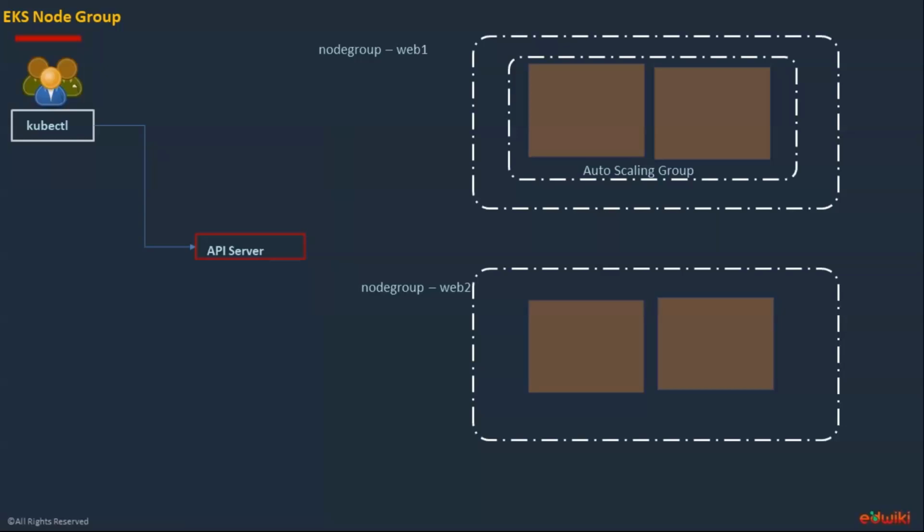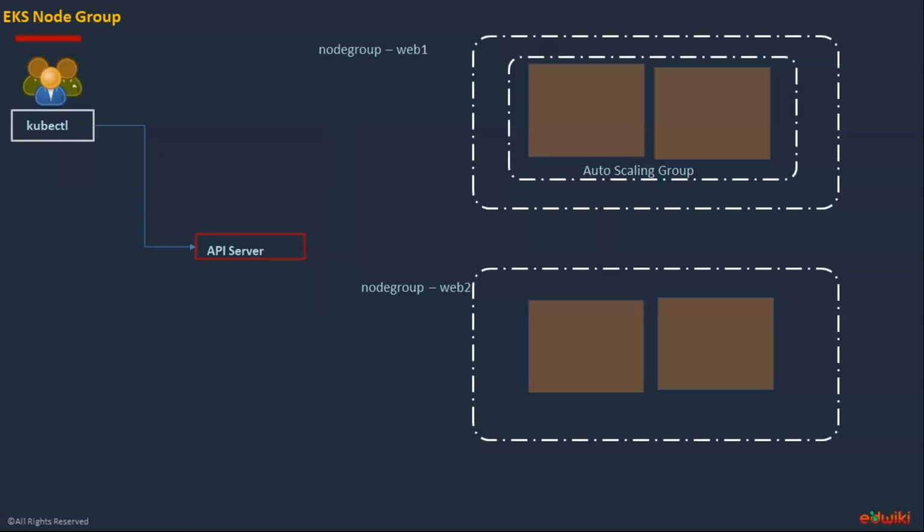Autoscaling group is the group at the AWS side to manage the worker nodes from the scalability perspective. Node group is the logical group that I'm again putting at the Kubernetes side to take care of identifying the servers to deploy the application whenever you specifically look for it.